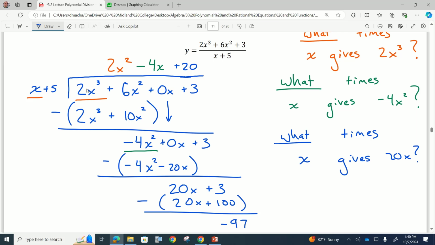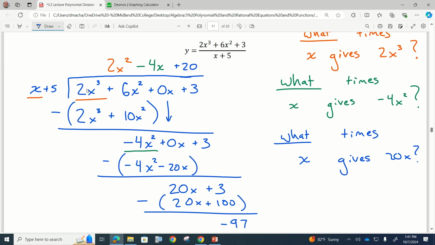This is where we stop. And you could imagine saying, what times x gives me negative 97? And there's an answer to that. It's actually negative 97 divided by x times x gives you negative 97. But we're not going to go down that road. We're just going to stop. We're going to stop whenever our remainder has a degree that's less than the denominator.